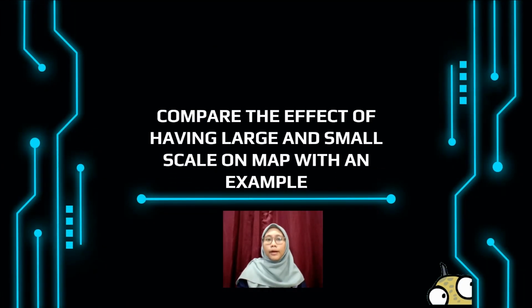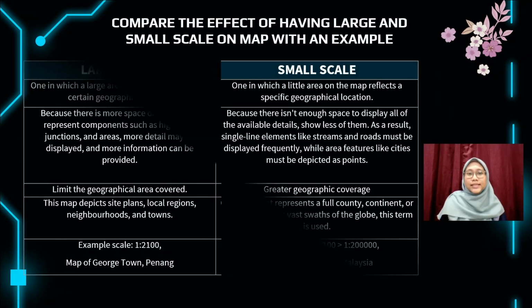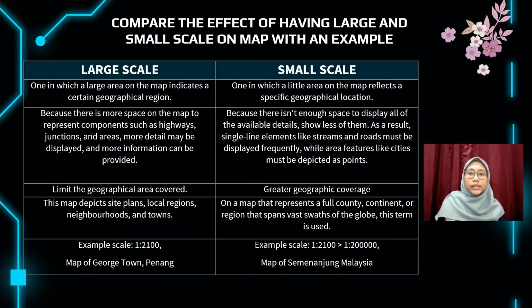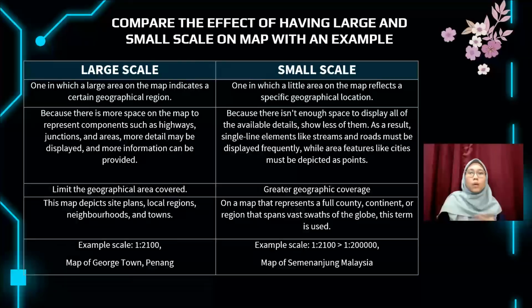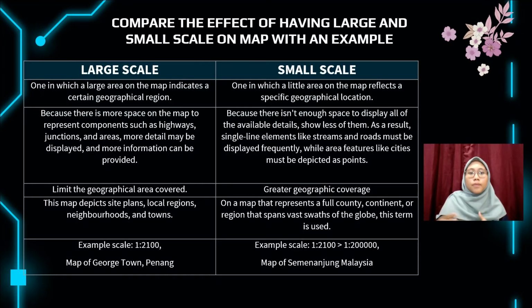Next is to compare the effects of having large and small scale on the map with an example. There are differences between large scale and small scale, and we start with the large scale, one in which a large area on the map indicates a certain geographical region. Meanwhile, the small scale is one in which a small area on the map reflects a specific geographical location.